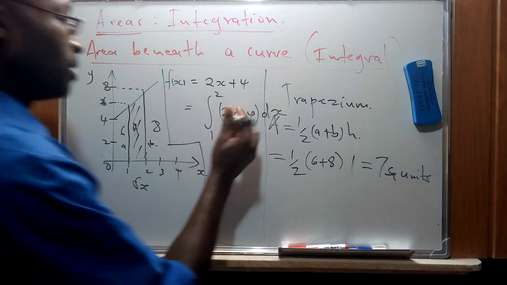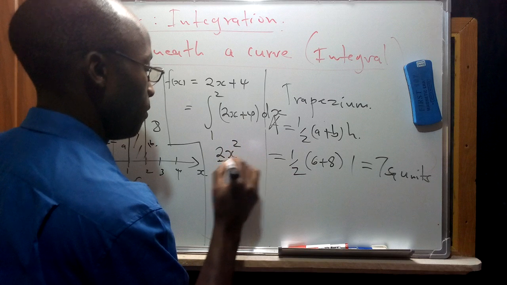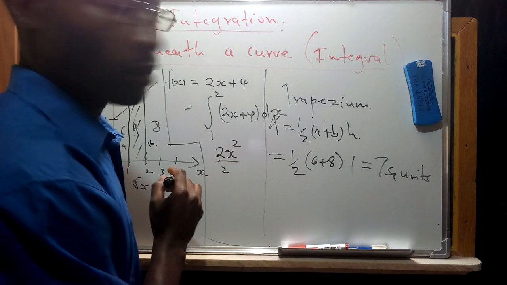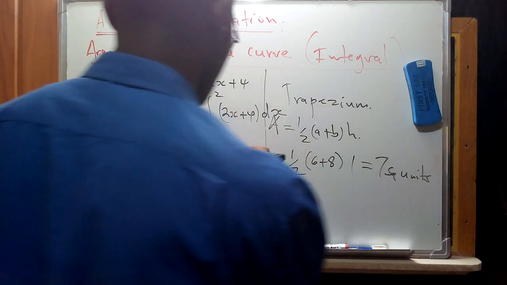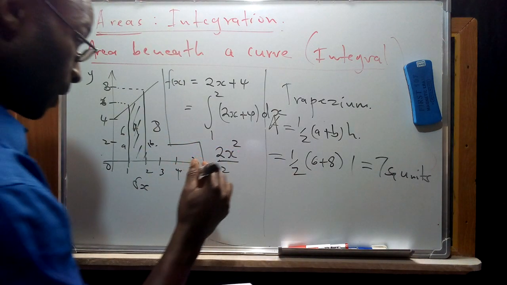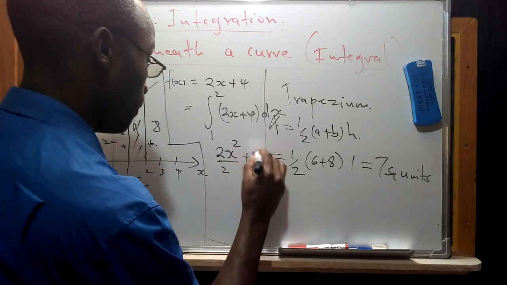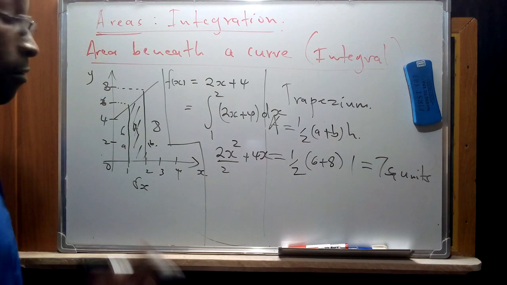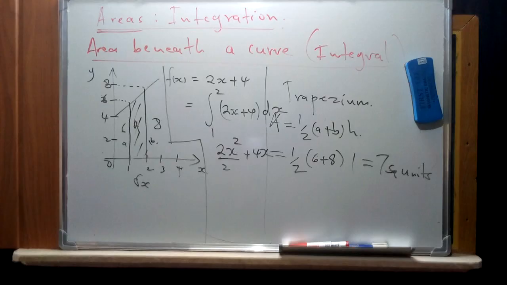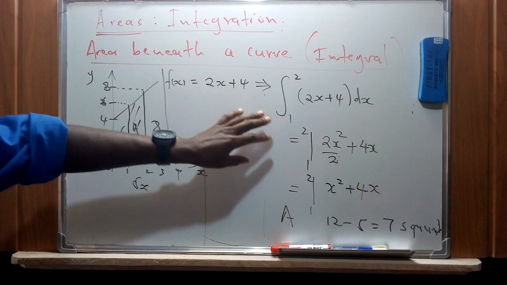So we just integrate this and find 2x squared over 2 plus 4x. Of course, we're going to do a substitution for that. There are different methods of integration, but for this, I just do a summary for the sake of our time.